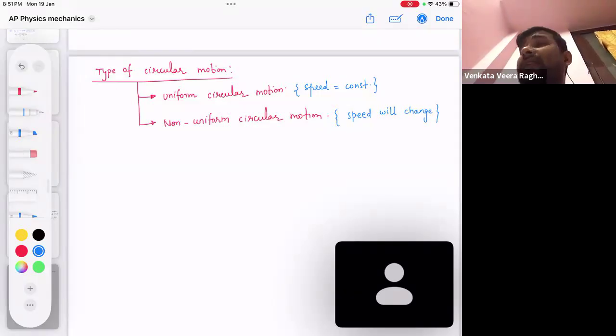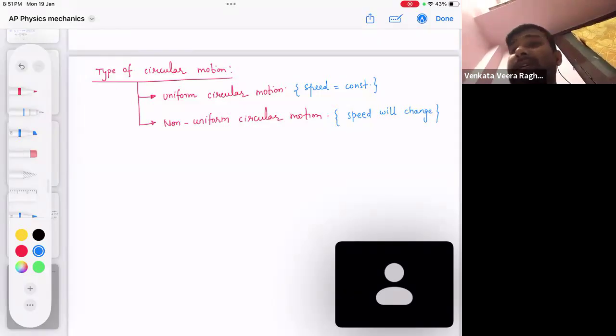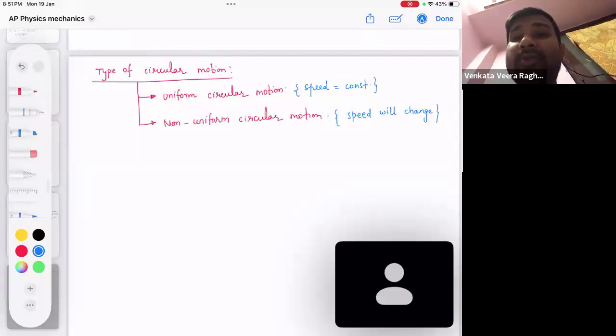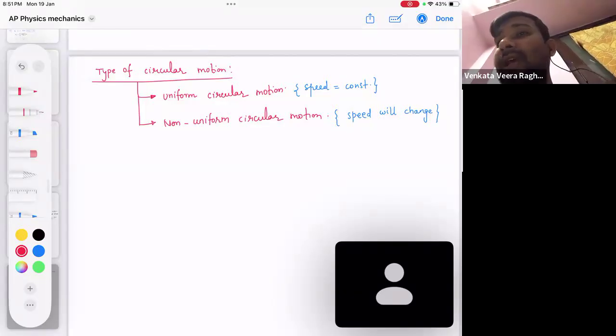So even though the magnitude of velocity is not changing, only due to the change in direction we can say the velocity is changing. That's why circular motion cannot be of constant velocity. If it is a circular motion, either speed will be constant or speed will be variable. Velocity will never be constant.